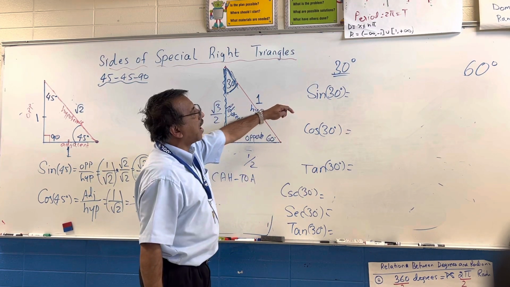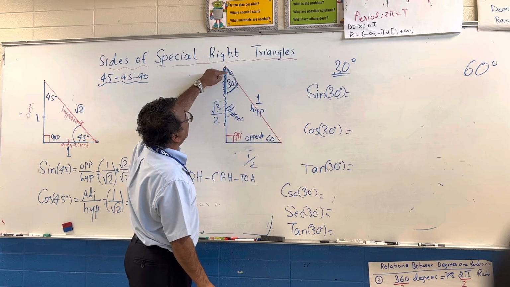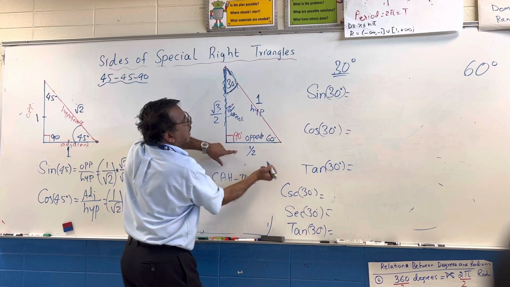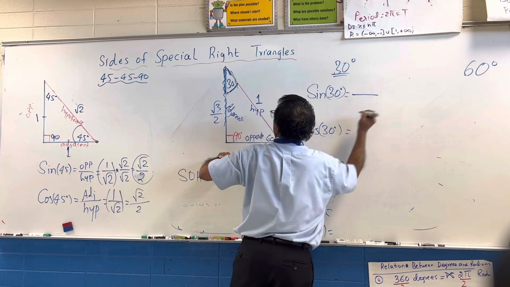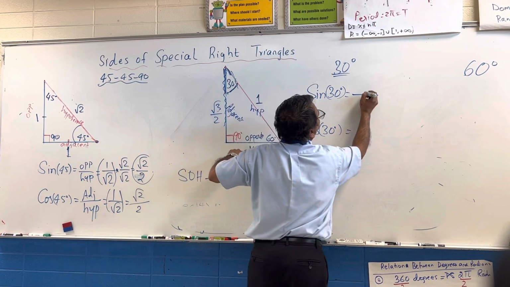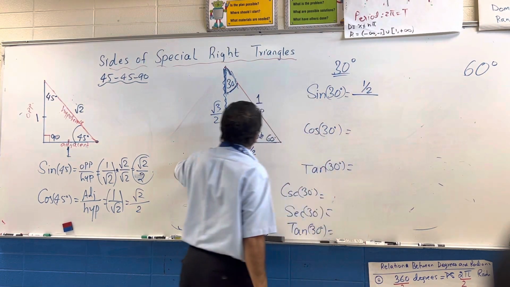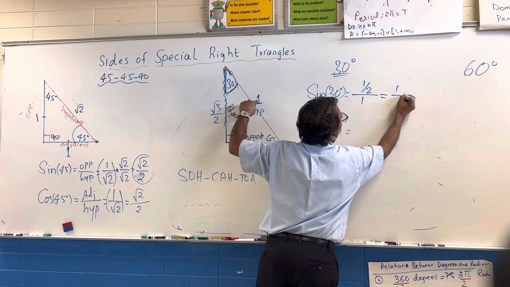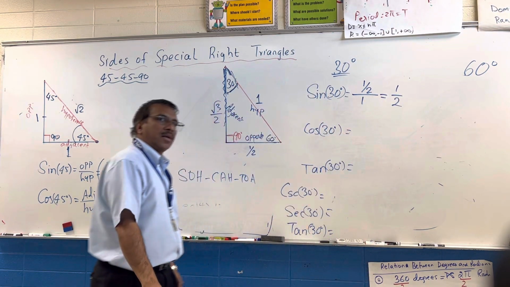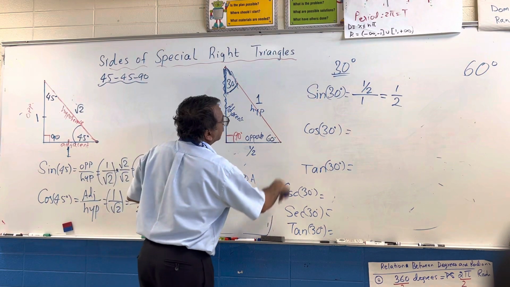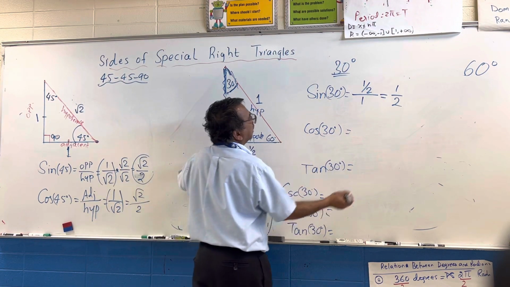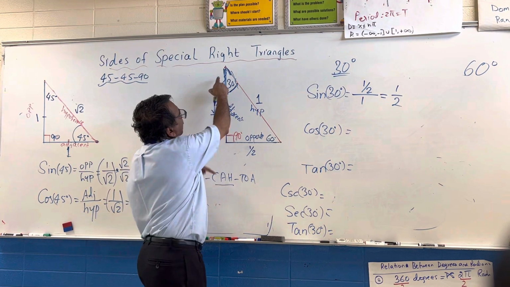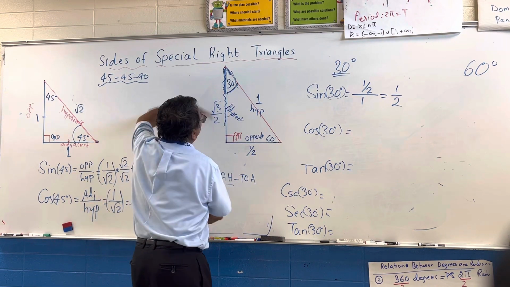If I begin with sine 30, the opposite is half, divided by the hypotenuse 1, so this is the same as 1/2. That's what we learned: sine 30 is half. Second, cosine 30. What is cosine 30? Cosine is adjacent over hypotenuse. The adjacent is this one, root 3 by 2.